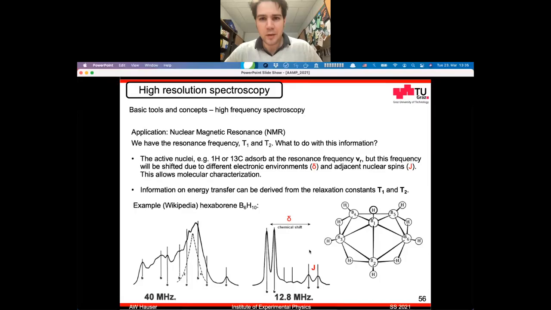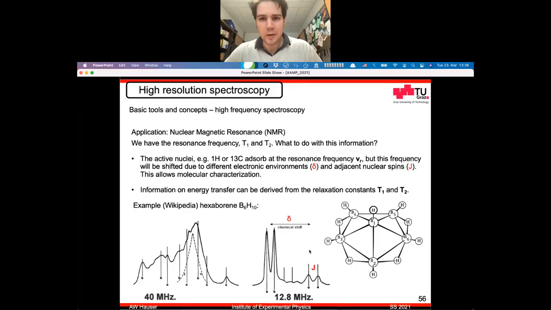And is surrounded by an electron hull. So this means, because the electron is a flexible charge distribution, it has this shielding effect, right? It reacts as a diamagnetic and compensates part of the magnetic field that is applied externally.